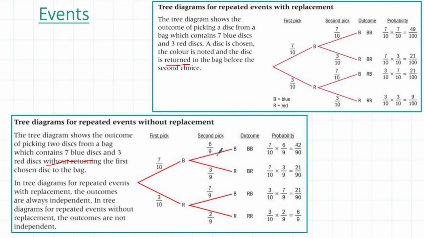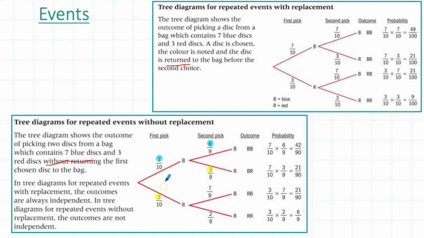So if my first pick was blue, in my second pick I have one less blue, but my red did not change because in that first path I did not pick red. So the 3 would still remain the same, but the blue is decreasing.